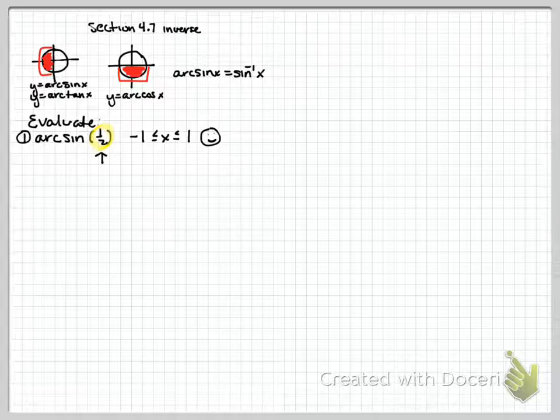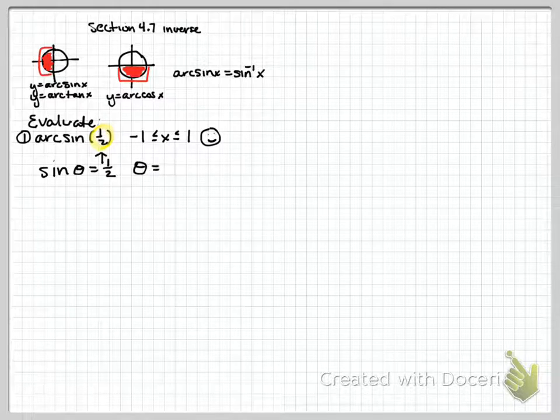And really what we're asking you to find is, where is the sine of theta equal to 1/2. That's what I'm looking for. So if I go back up to my original picture up here, sine of theta is equal to 1/2, well that's the first quadrant. What angle is that?